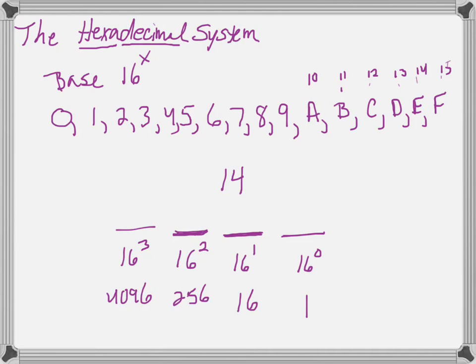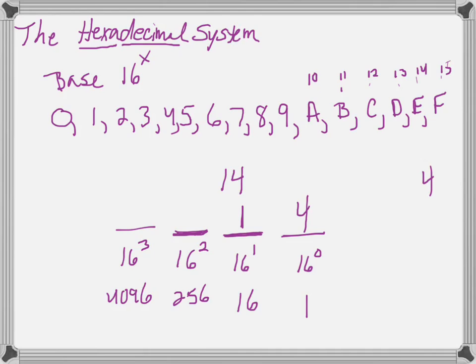Okay, so in this case, what is a 14? Well, that would have a 4 in that spot. I shouldn't say 14 because that's the decimal. So what is a 1, 4 in hexadecimal? That'd be a 1 in this spot and a 4 in that first spot. So how do you figure this out? Well, you take the digit times the place value and add them all up. So you have 4 in the 1's position, so that would be 4.